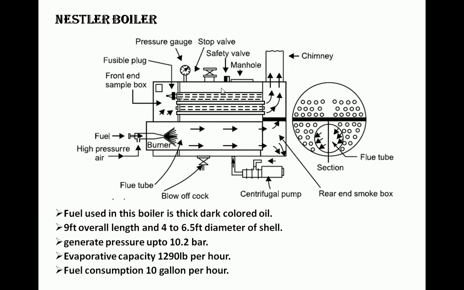Water is surrounded by these tubes, and gets converted into steam, and is collected in the steam space, and taken out through the stop valve. Some boiler mountings are mounted on the boiler: pressure gauge, safety valve, stop valve, manhole, fusible plug, etc.